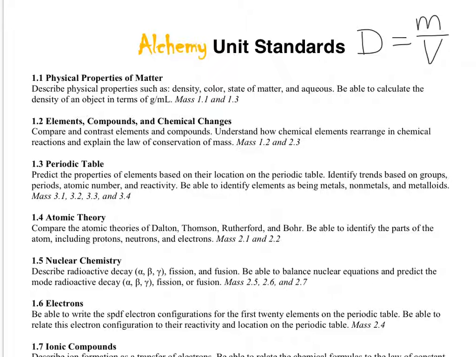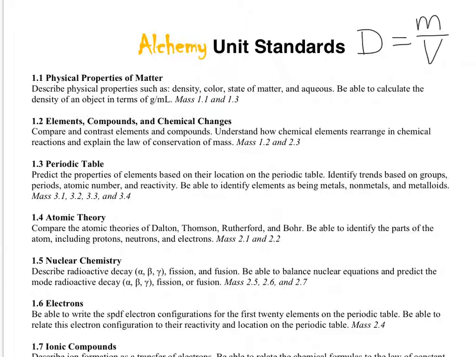The next part, we're skipping over elements, compounds, and chemical changes, and we'll come back to that when I'm here. What we've done is jump over to the periodic table a little bit. All of matter is made of elements, and all of those elements are found on the periodic table, as you have hopefully seen from the activity that we worked on.